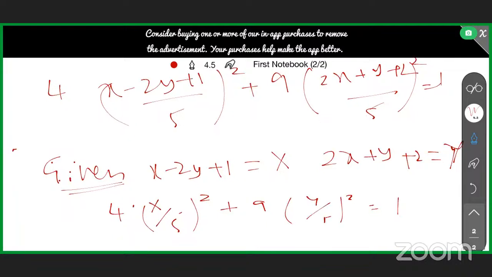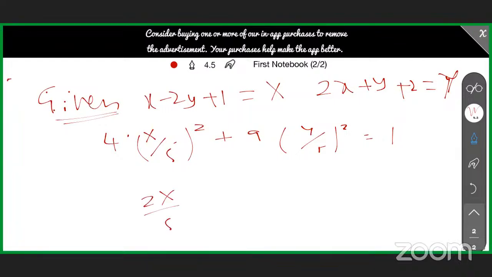If I simplify this, it will be (2X/5) whole square plus (9Y/5) whole square is equal to 1.